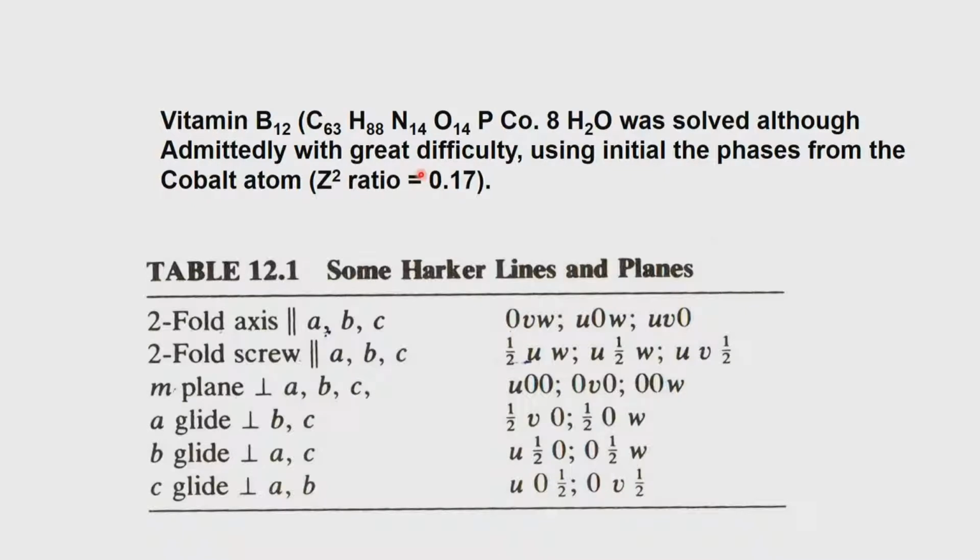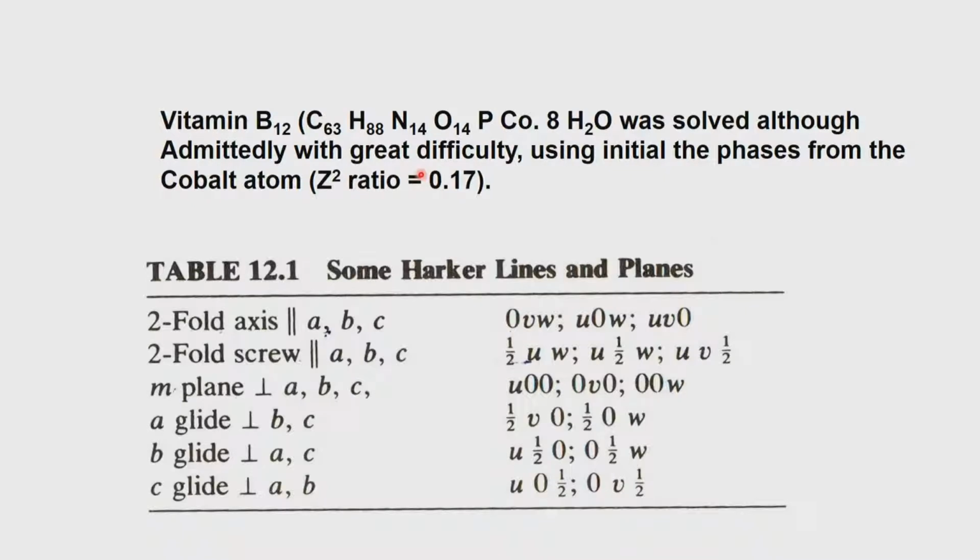So, Harker has contributed immensely to the Patterson synthesis, to the isomorphous replacement method, and to MIR, the multiple isomorphous replacement method, which is very commonly used by protein crystallographers around the world now. Programming and things like that also make it easier to determine the heavy atom position, following which one can determine the structure of the protein.